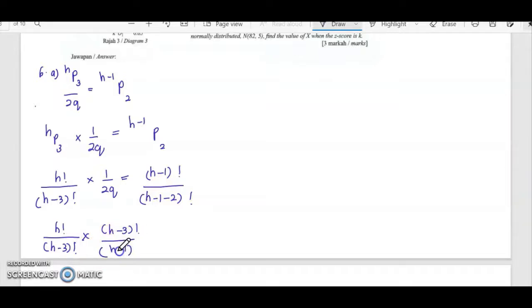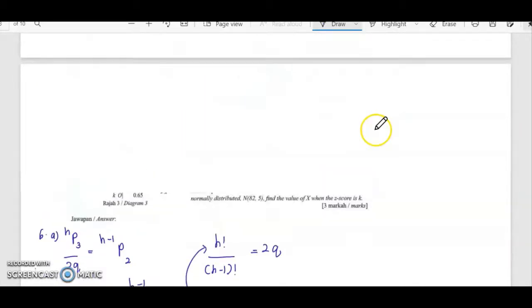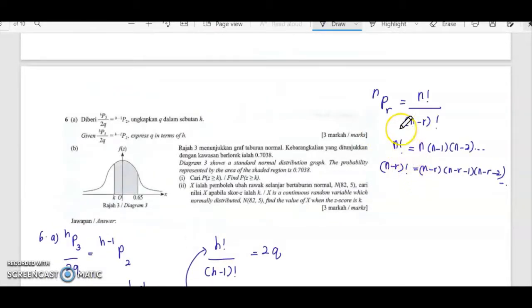So h factorial over (h minus 3) factorial equate dengan 2Q times (h minus 1) factorial over (h minus 3) factorial. So boleh potong kat sini. Potong kat sini. So apa yang tinggal? h factorial by dengan (h minus 1) factorial equal to 2Q. Kalau kat sini tengok, n factorial is equal to n times (n minus 1) times (n minus 2) and so on.